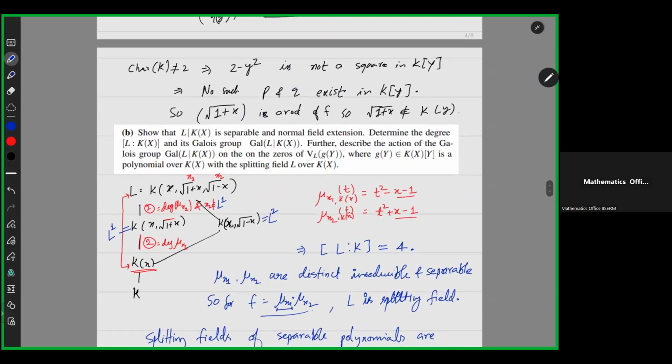And now further discuss the action of the Galois group L over kx on the zeros of Gy, where Gy is a polynomial of kx with the splitting field L over kx. How is the Galois group acting on the zeros of Gy?